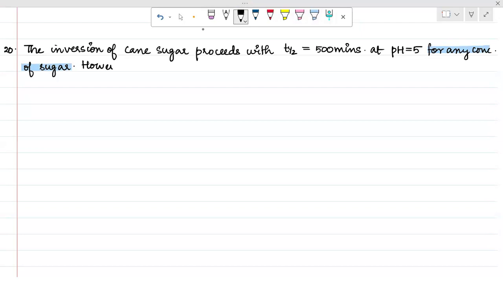However, if pH is equal to 6, the T half changes to 50 minutes.